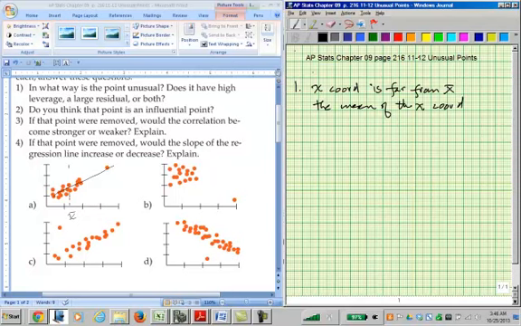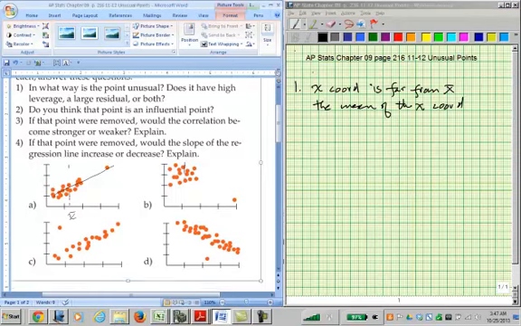Now notice this is also true in point B. It's somewhat true in point C. It's not true in point D. Now let's put these in here. Here is approximately the mean. Here is x bar for B. Here is x bar approximately. I'm just guessing. For C, and here is x bar for D.